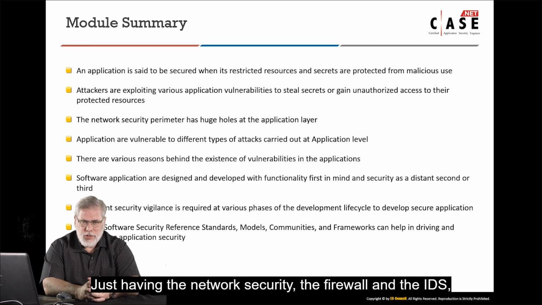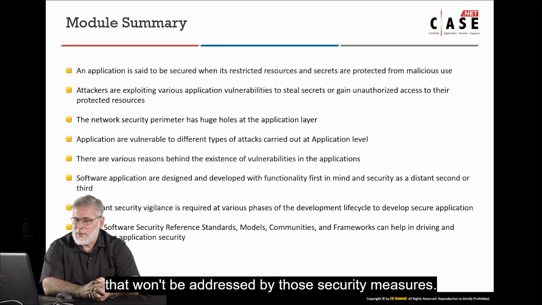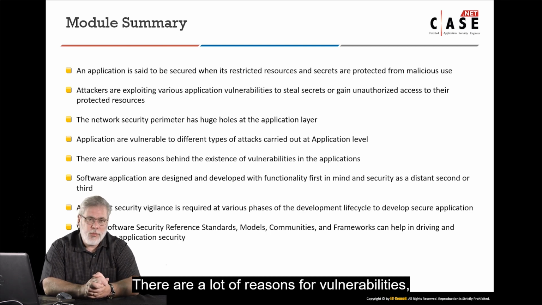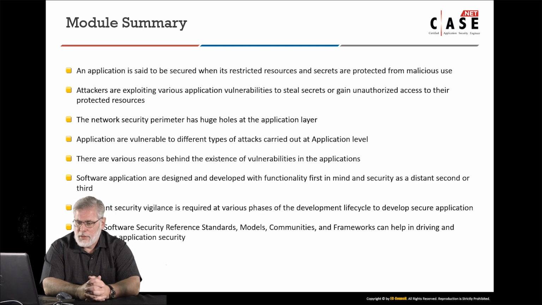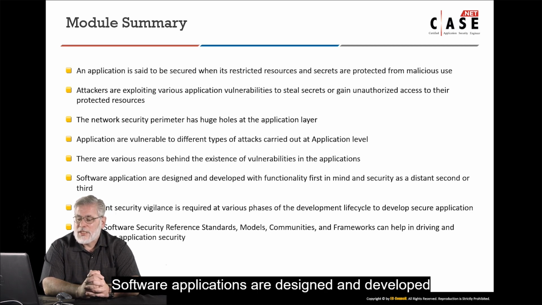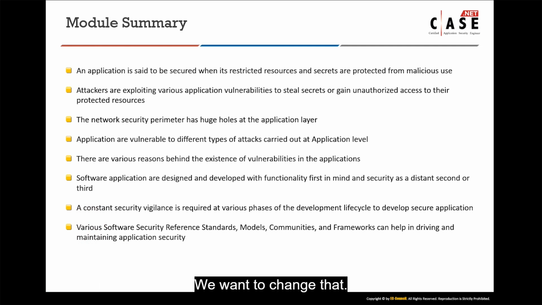Just having the network security, the firewall, and the IDS is not enough. Applications are vulnerable to a range of different attacks that won't be addressed by those security measures. There are a lot of reasons for vulnerabilities, and we've covered those, and we want to address those throughout this course. Software applications are designed and developed with functionality first, and security is a distant second. We want to change that.